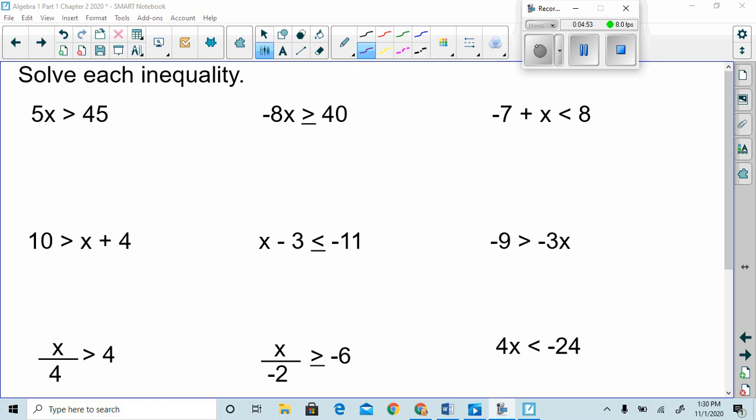Now let's spend a little time doing some one-step inequalities. We're going to remember that we do the inverse operation to isolate our variable. In this first one, 5 times x says let's divide by 5. And x is greater than 9.